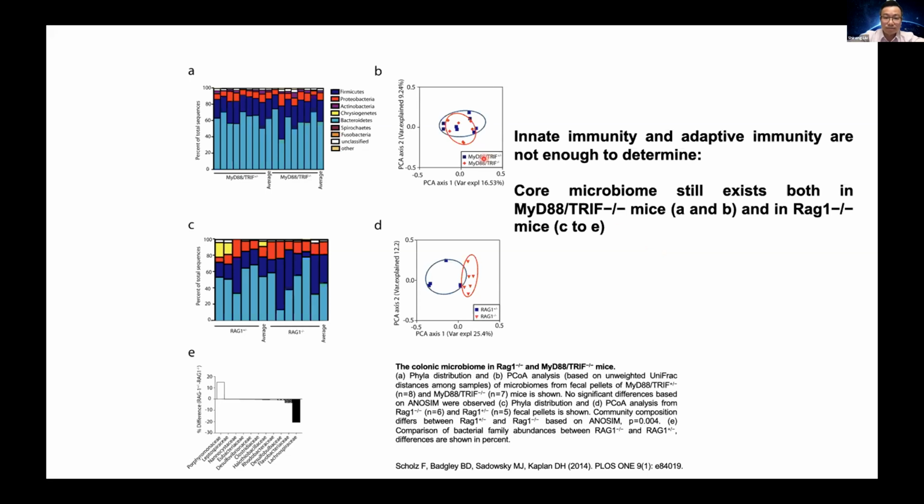And in this MyD88 and TRIF double knockout, you still find a core microbiome. This is just another piece of evidence saying that in the knockout mice, the microbiome is shifted, but as you can see, it's still clustered to each other. They didn't lose the core microbiome.